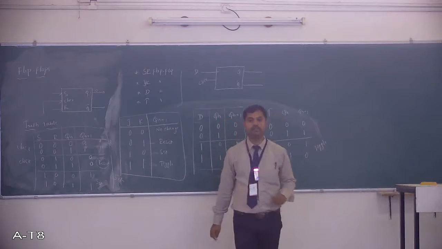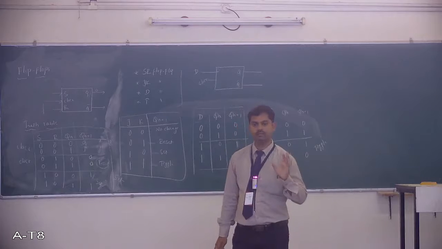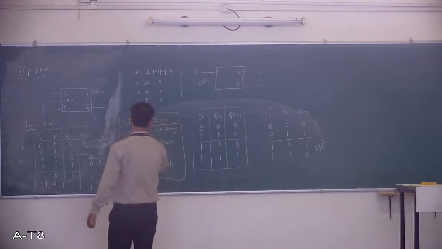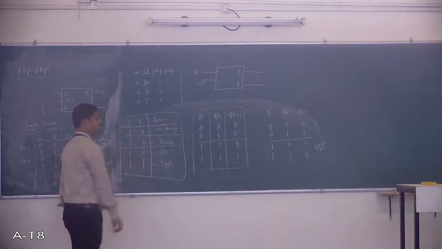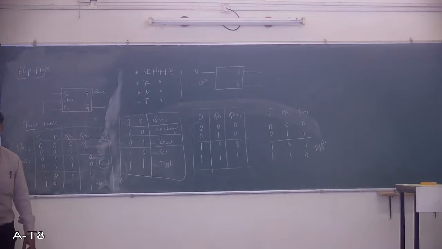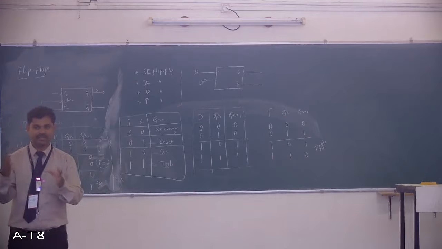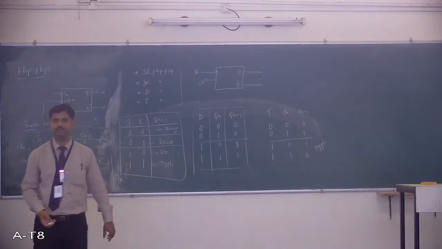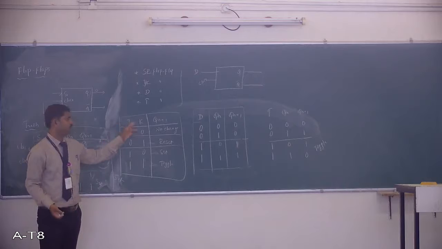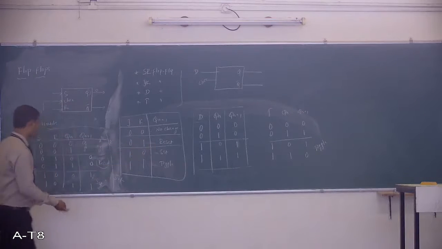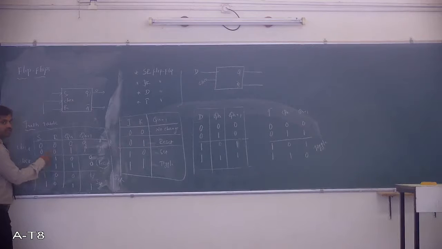That you will get when you apply the input J0, K0. Next, what do you mean by J0, K1 state? It's a reset state. You can compare SR and JK. Keep it side by side. Some three states are the same. If you replace J and K by S and R, S0 R1 is reset.